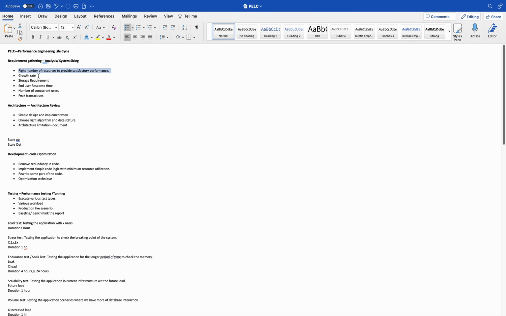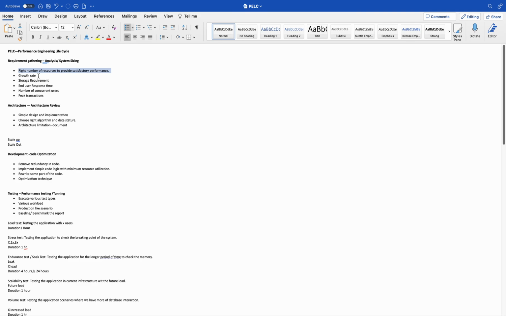Let's say if we are doing performance testing and we don't have enough memory or enough CPU, that will definitely cause issues in response time or high CPU utilization. So first of all we should have enough resources.